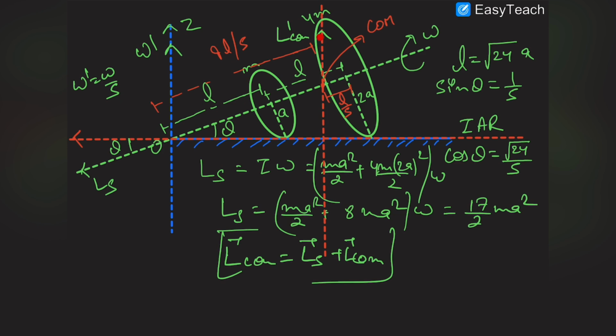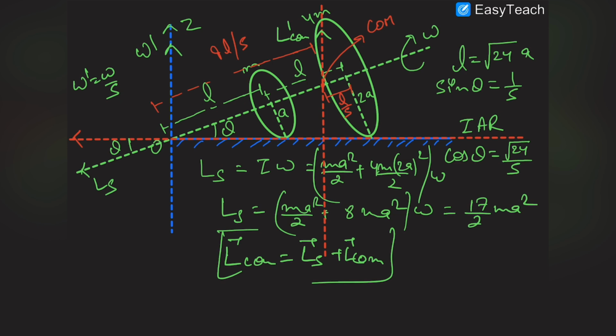You could find out this angular momentum by using I omega. You could find out the moment of inertia of this disk about this axis, and then you can apply the parallel axis theorem to come to this axis, and then you can use this omega dash. So this L com dash would be I about this axis into omega dash, which is omega by 5.